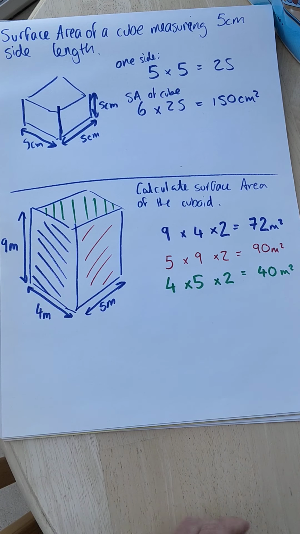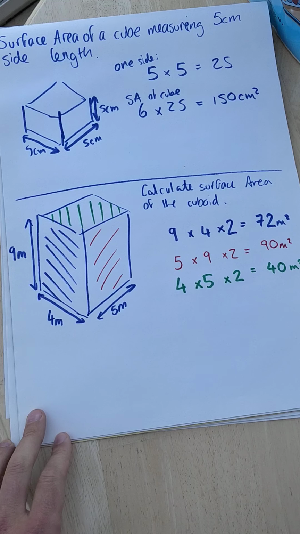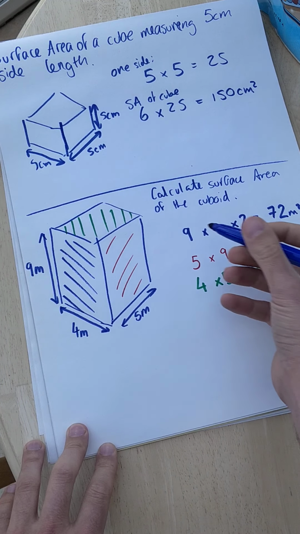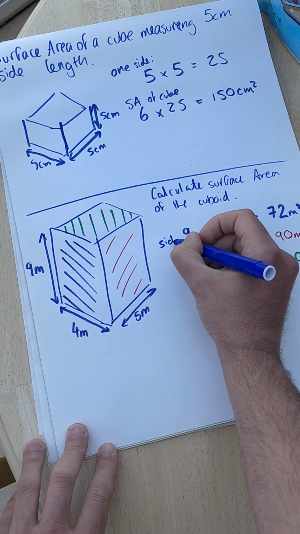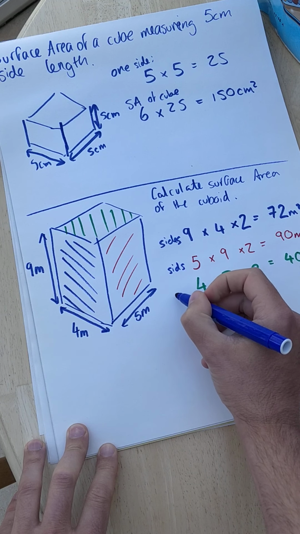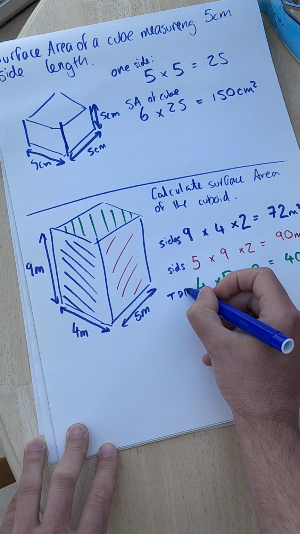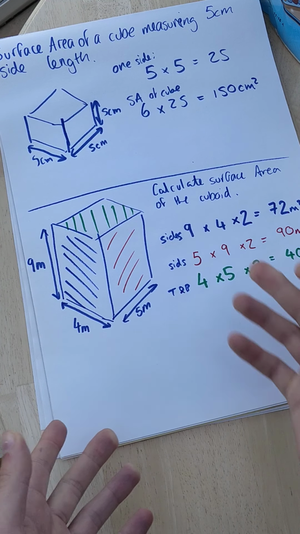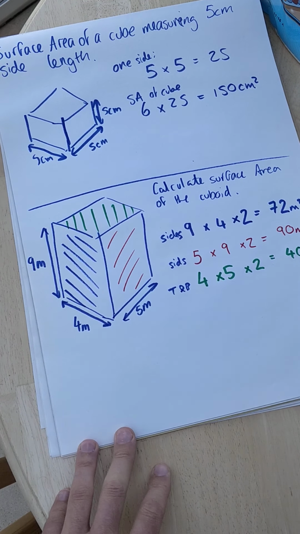So I've calculated the area of every single one of them. So this is, we'll say, sides. This is also sides. And this is top and bottom. You could label one front and back, whatever helps you.